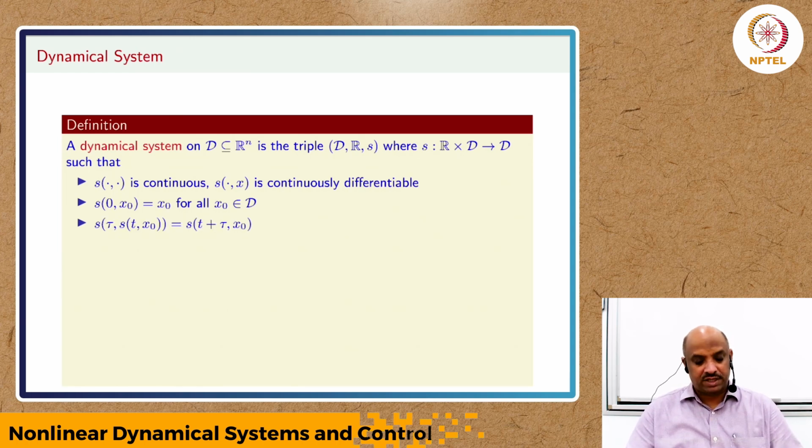And we have this interesting condition that basically boils down to this: if I start at, let's say, x0, I move to a particular time t, and I move another tau units of time from there, then the solution starting from x0 till t plus tau time units is the same as tau units after I started from S of t comma x0.